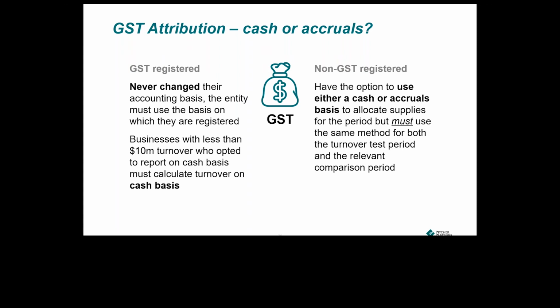So you can't swap and change between cash and accruals. You must use either the cash basis for both quarters in both years, or the accruals basis for both quarters in both years.